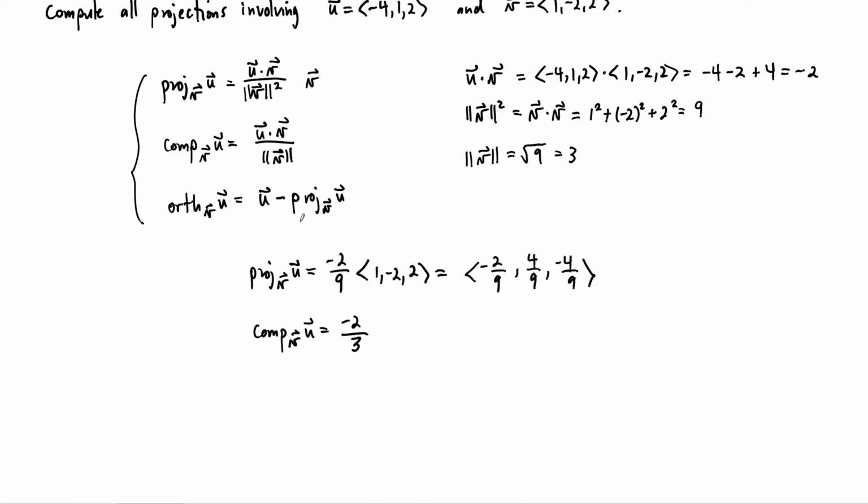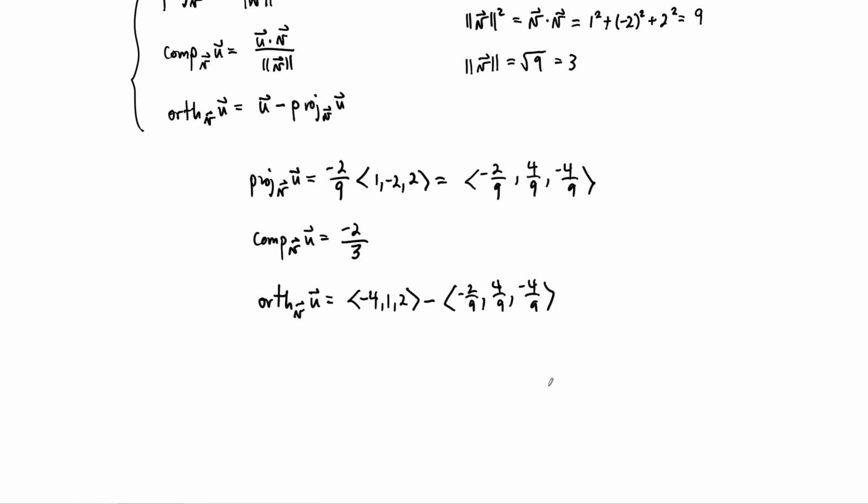And then for our orthogonal projection, we're going to have to use the vector u itself. So the vector u is (-4, 1, 2) minus the projection that we just computed. We don't have to recompute it, we've already got it. And we can just now very carefully perform these operations.